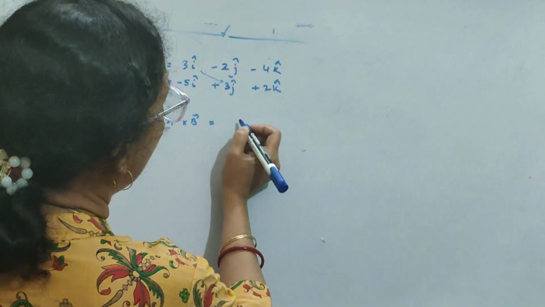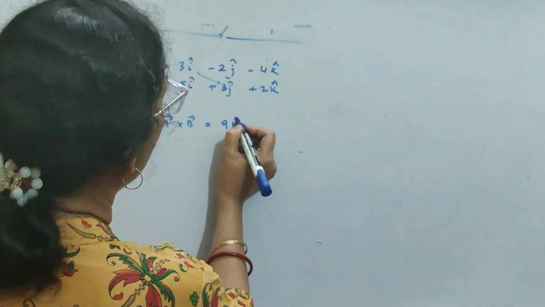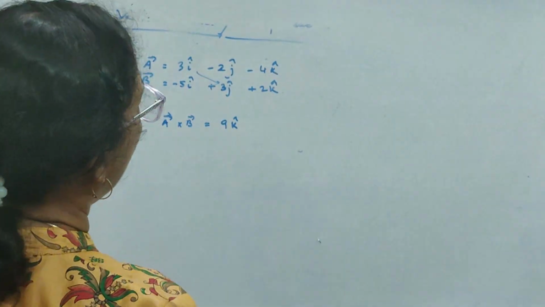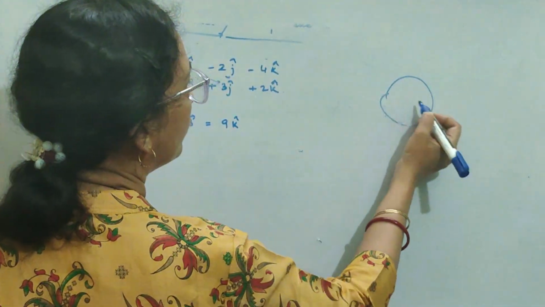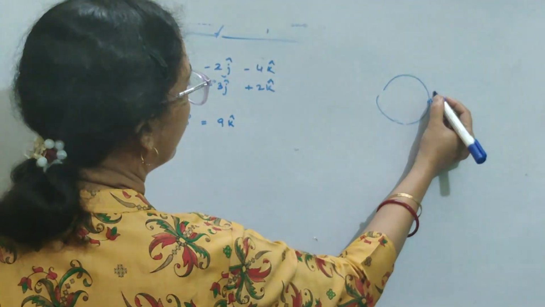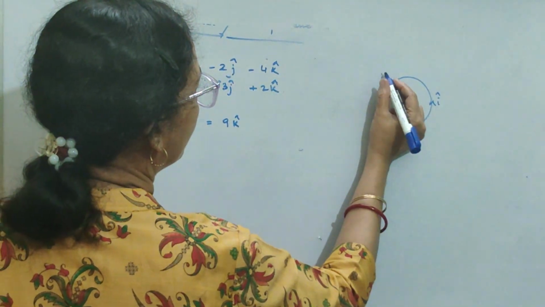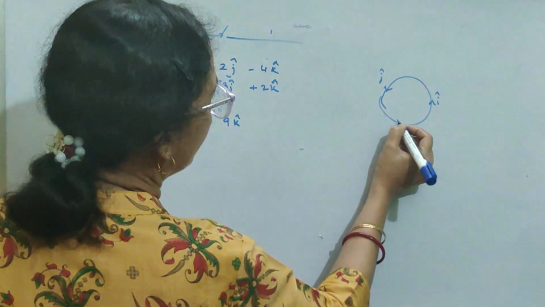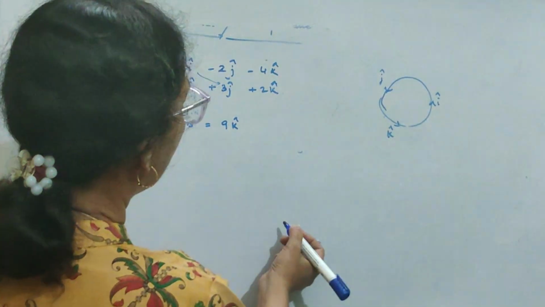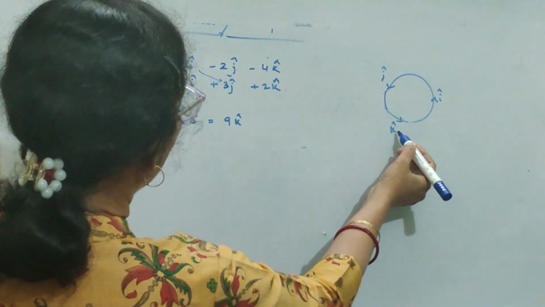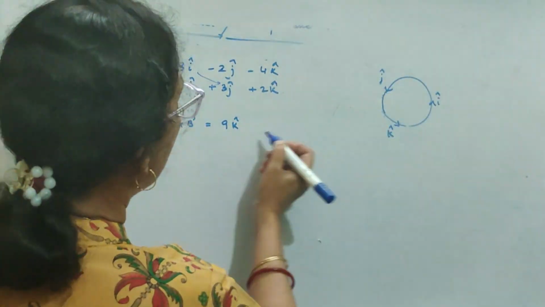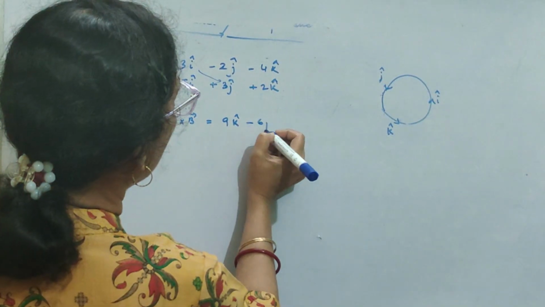So 3 into 3 is 9, 9k. Then i cross k is minus j. i cross k is minus j, minus 6j.